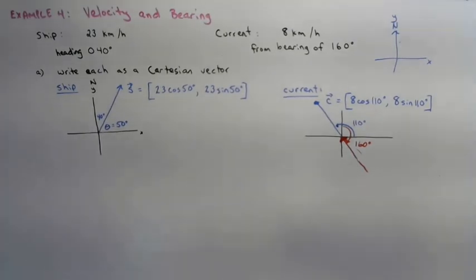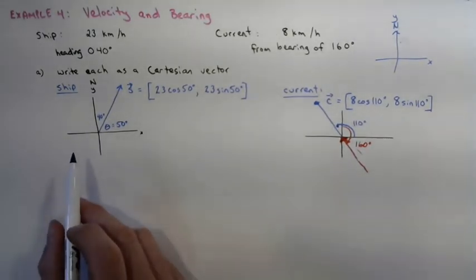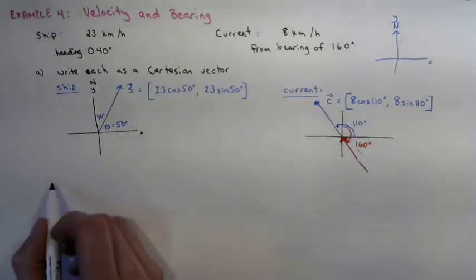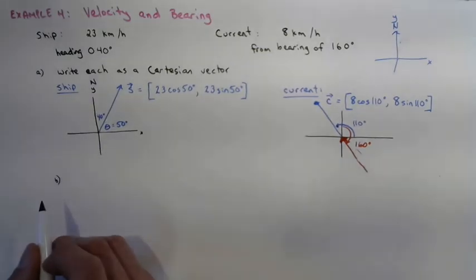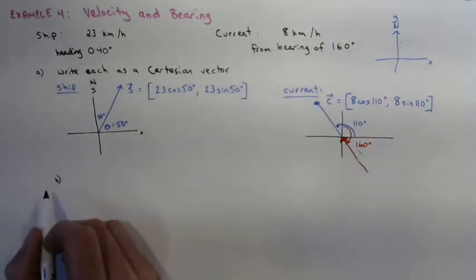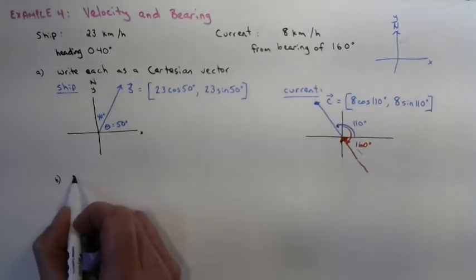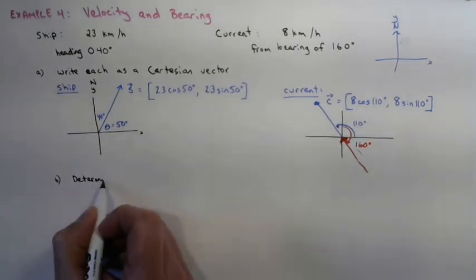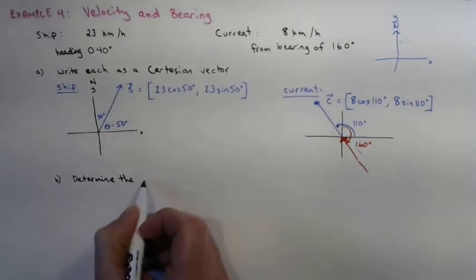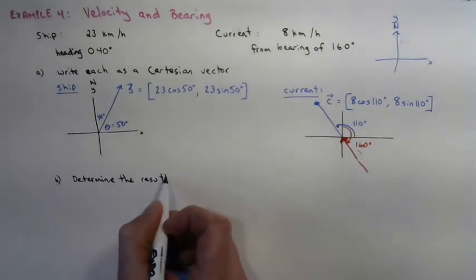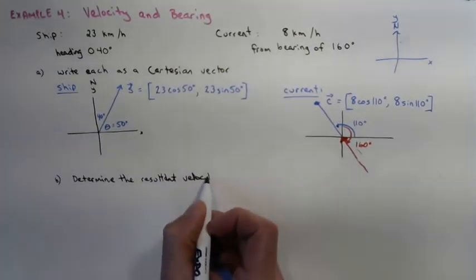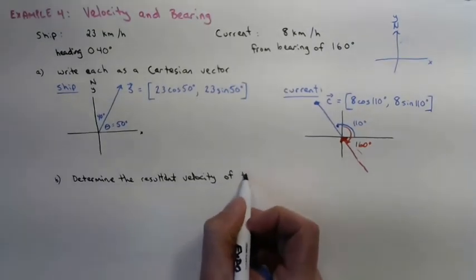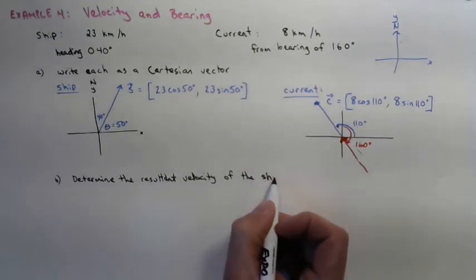Good. That's part A. We've written each geometric vector as a Cartesian vector. And now we head into part B, which says, determine the resultant velocity of the ship.